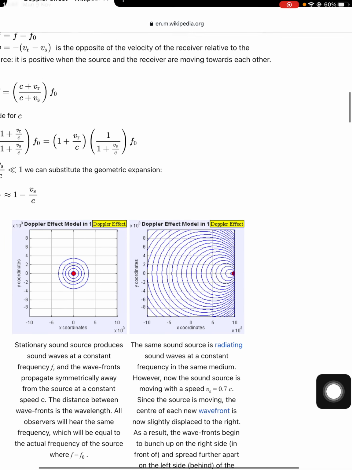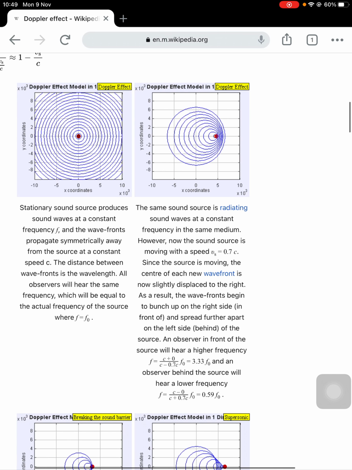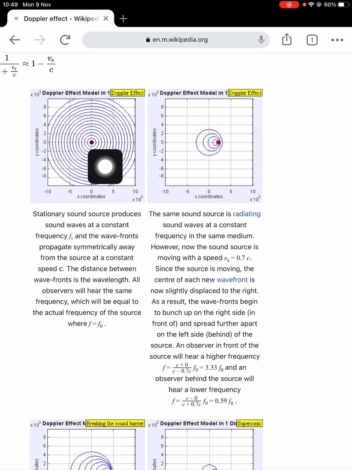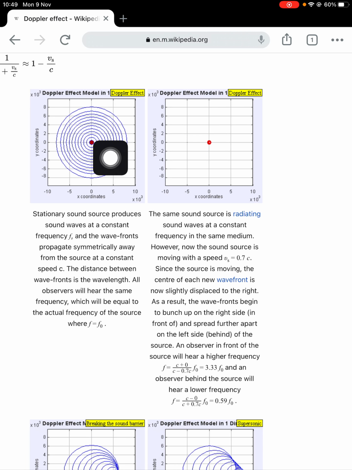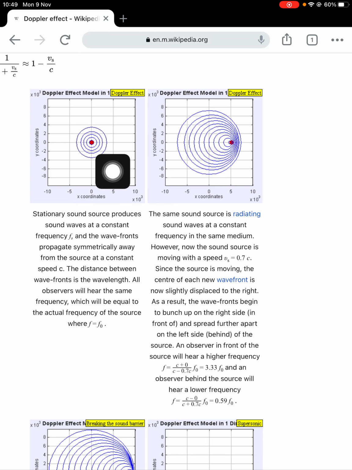Okay, this one is just from Wikipedia. You can see that if the source just stays at rest, it will radiate the sound wave in all directions uniformly.